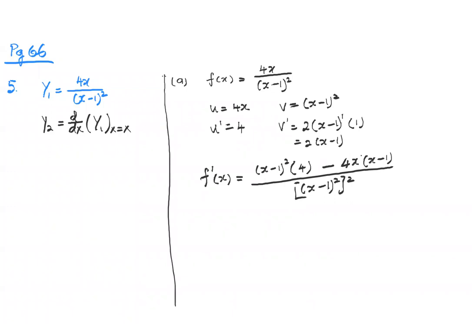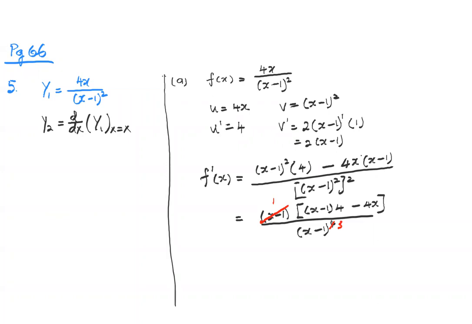Okay. So down here will be x minus 1 to the power of 4. X minus 1 factorize out. Okay. So these two, this one power 3.